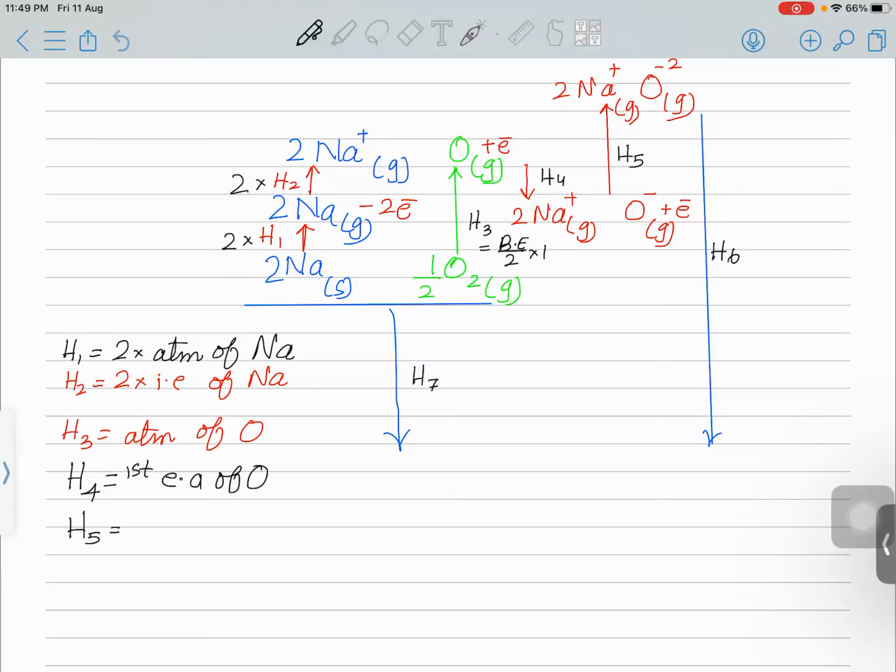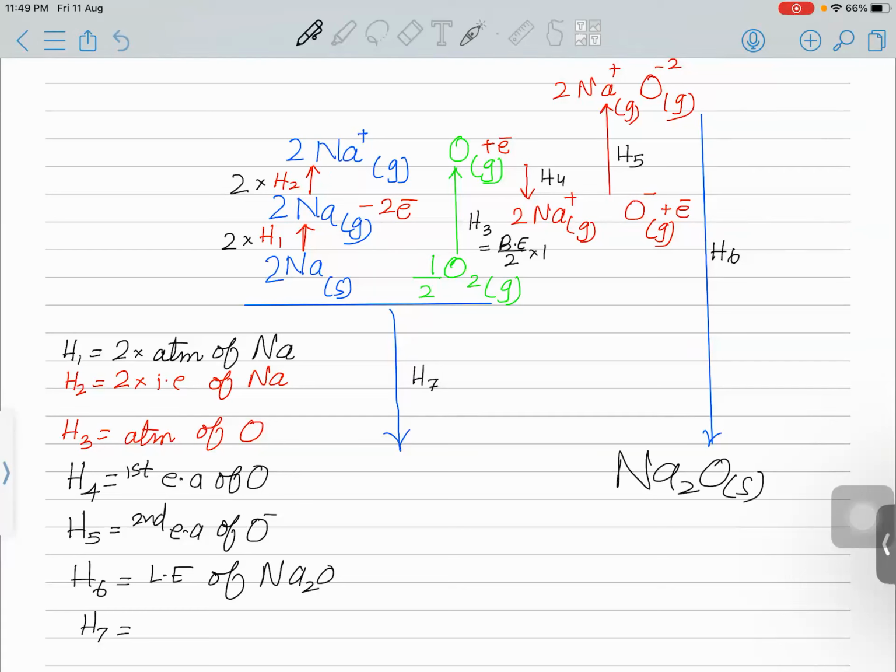Second electron affinity of O minus. Then what is H6? Lattice energy. And what is H7? Enthalpy of formation of sodium oxide.